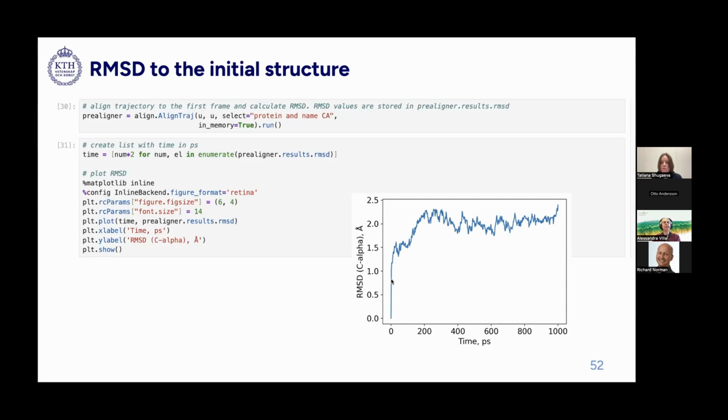We see that a lot of changes happen in the first 20 picoseconds of the simulation, and then it is roughly stable. To calculate this, we use the align trajectory function from the MDAnalysis package. And we use matplotlib to generate the image that I'm showing.